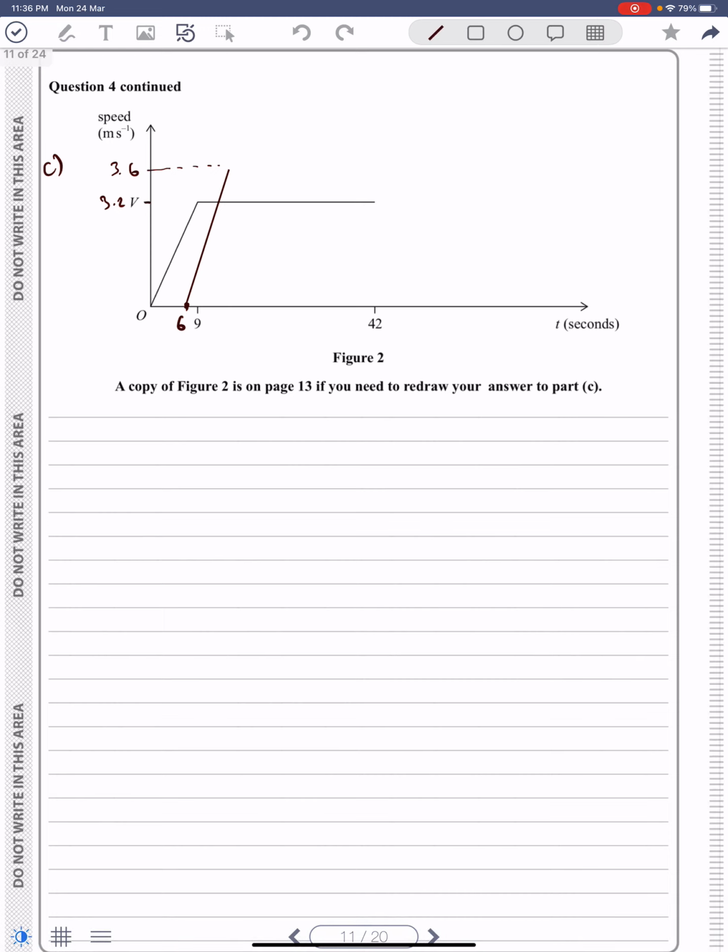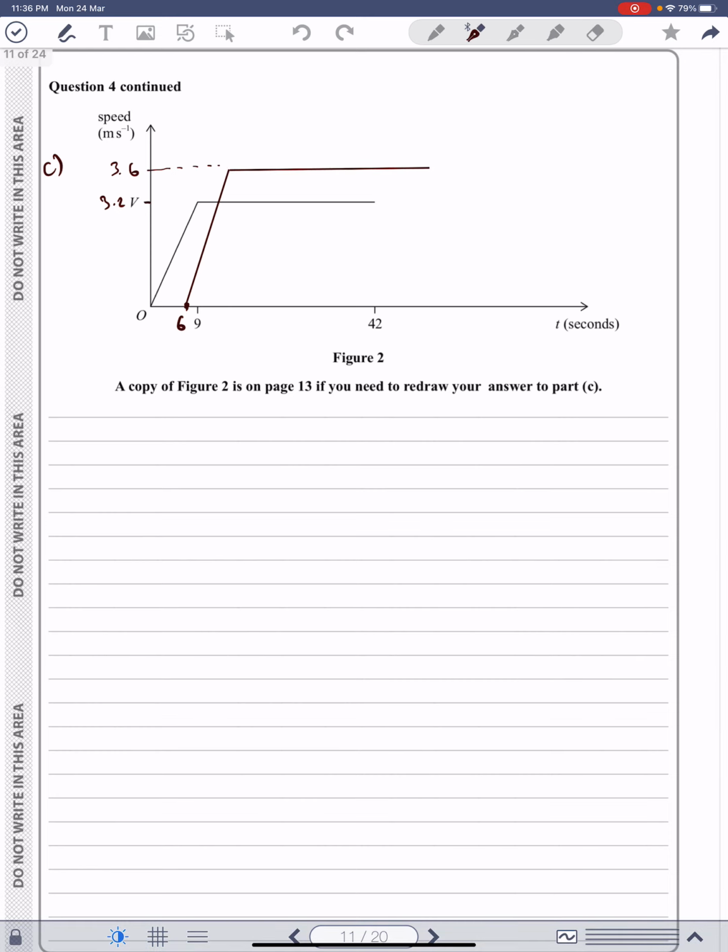Then she maintained the same constant speed for 45 seconds, and they will catch up here. So this is the diagram. This is cyclist P, this is cyclist Q. This is part C. That's it.